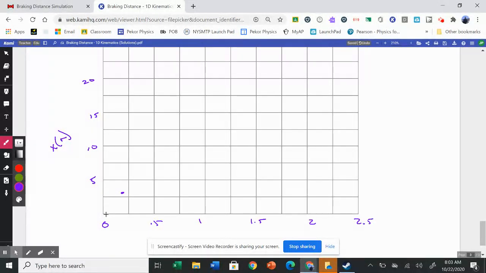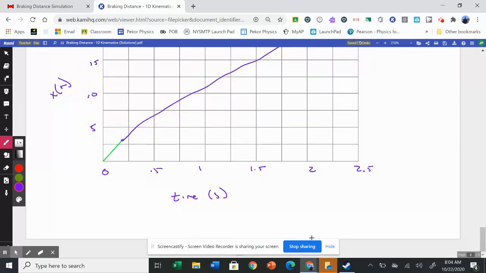And I know that at 2.43 seconds, I had gone a distance of 20 meters, so that would be right here. Now the way I connect these, constant velocity on a position time graph should be represented by a straight line, so I'll connect these with a straight line. But as I was decelerating, I got to draw a curve, and the curve should have a smaller and smaller slope until at this point the slope should actually be 0. So those are the answers to the lab. I hope you did well.